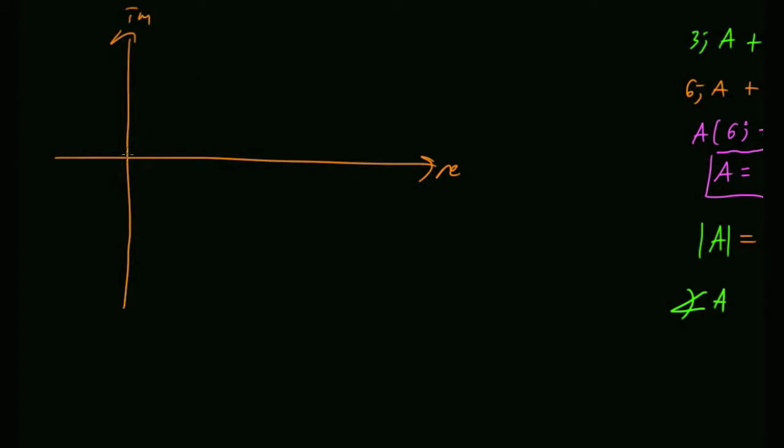Let's say this is A plus JB, so the real part is A and the imaginary part is B. By a trigonometry argument, the phase angle is the inverse tangent of the opposite side, which is B, over the adjacent side, which is A. That's all I've done.